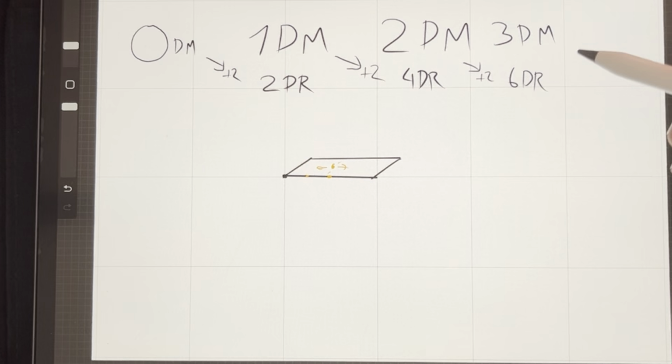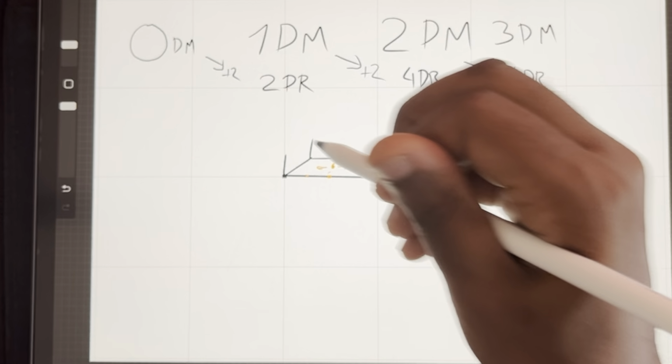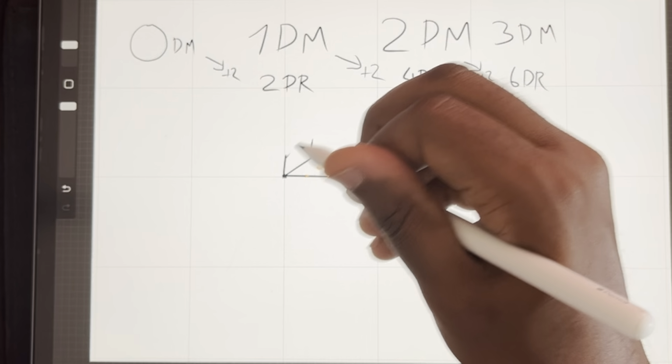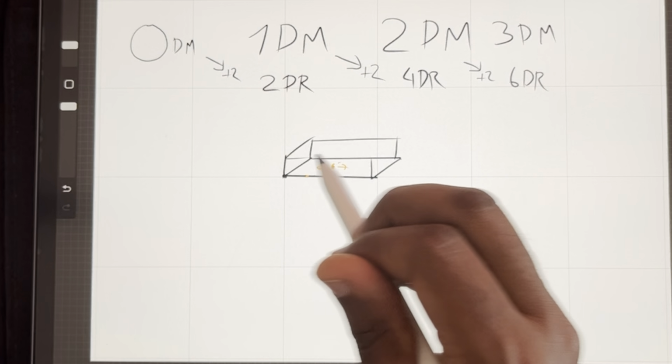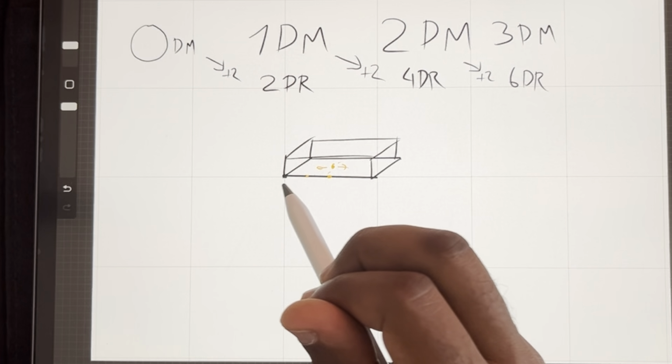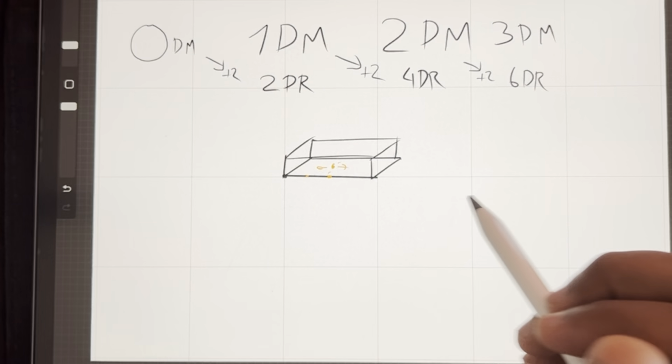Let's see. So this is a two-dimensional world, and now we're making it a three-dimensional world. That means we're adding two directions again. Not only can we go back and forth, left and right, we can go up and down. That's six directions.